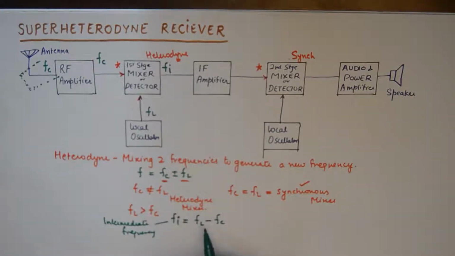And the reason why we subtract FC from FL and not add it is because the carrier frequency is pretty high and the baseband signal is relatively low.